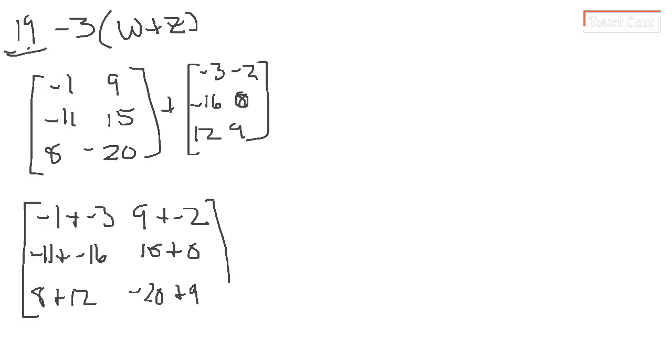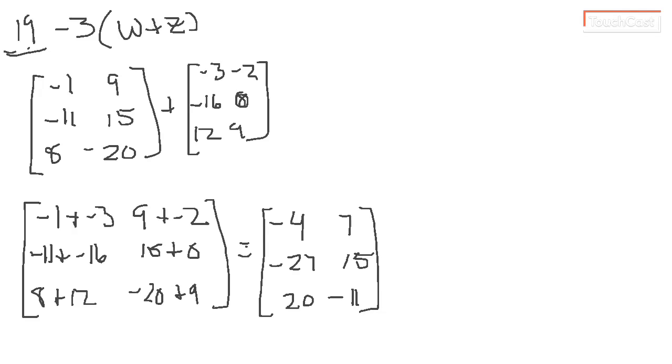When we actually combine things, we're going to result in the matrix -4, 7, -27, 15, 20, and -11. Now we have one more operation to do. We need to multiply this by -3. So we're going to take everything in there and multiply it by -3.